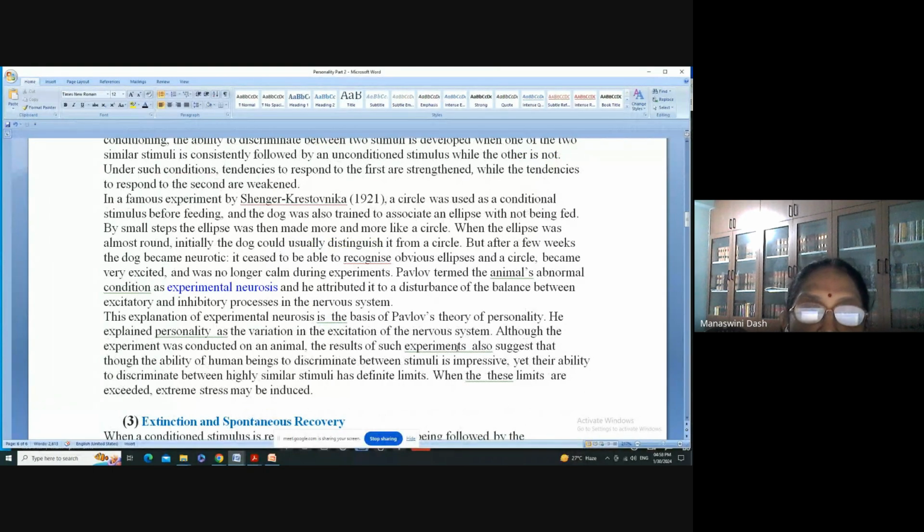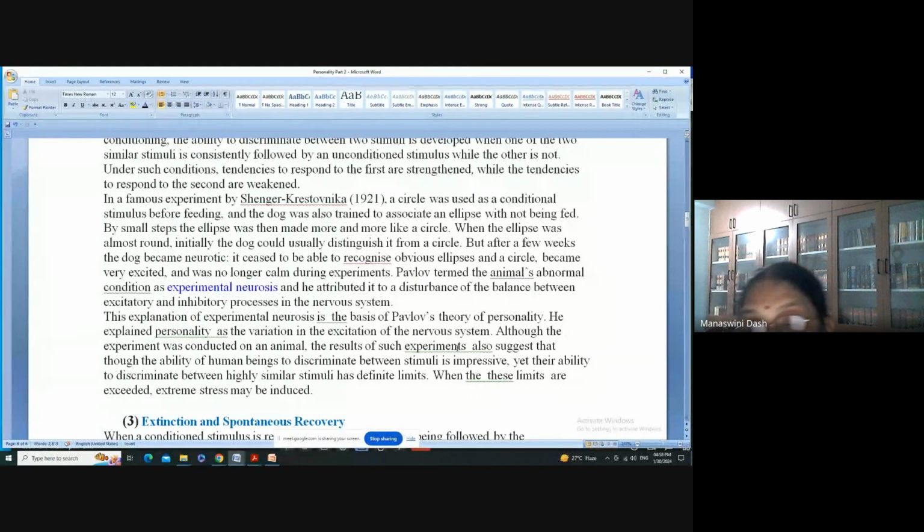And there is also evidence of development of experimental neuroses, because when the similarity between the two stimuli is so much, the difference is very less.